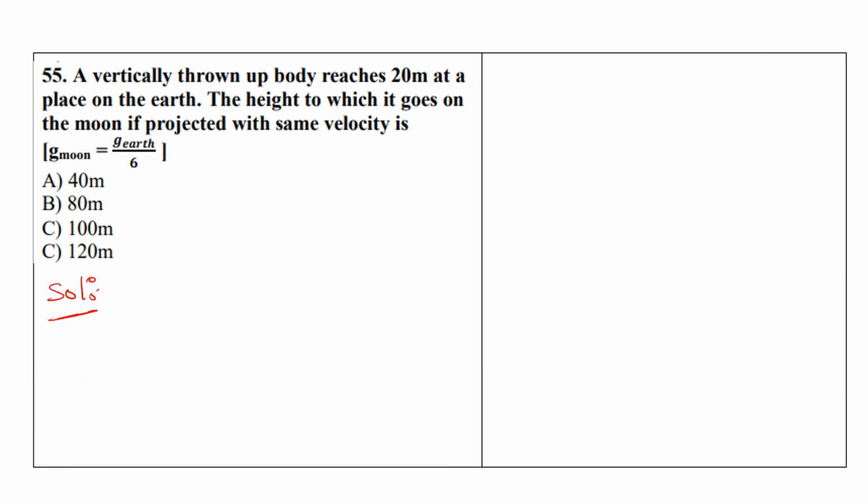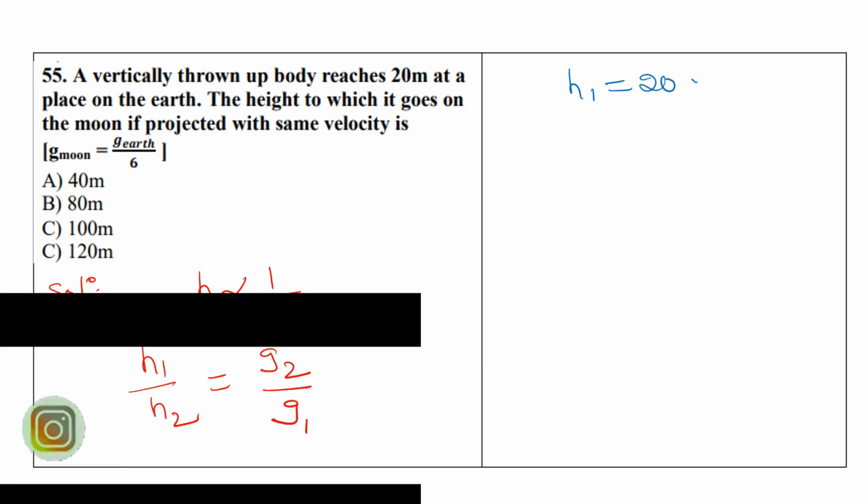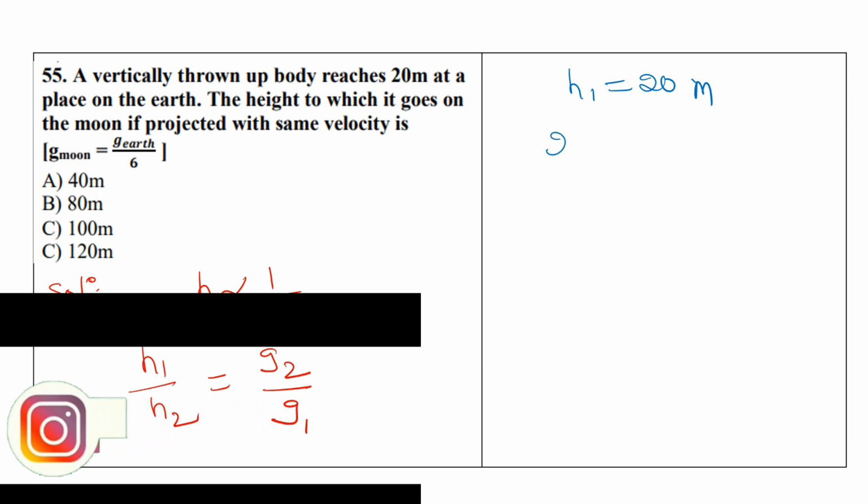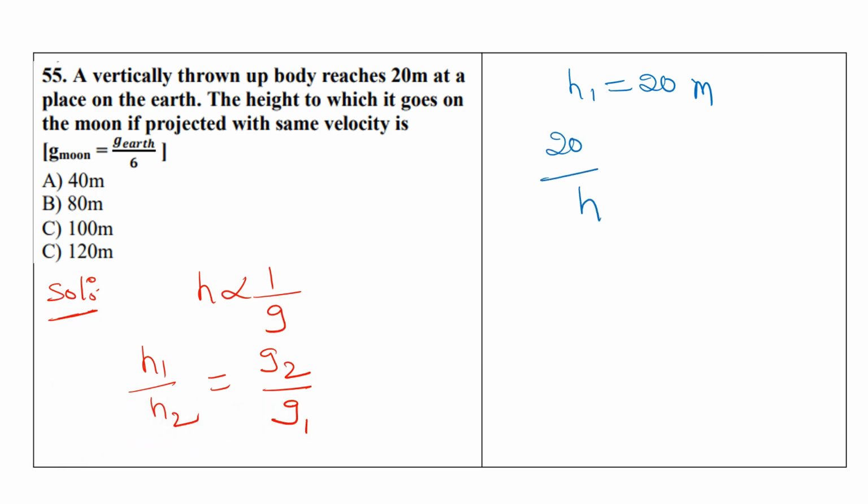The relation between height and acceleration of gravity is h is directly proportional to 1 by g. So from this relation we can write h1 by h2 is equal to g2 by g1. h1 they given as 20 meters, so substituting h1 value, 20 meters by h2 is equal to g2, they given as g by 6, and g.